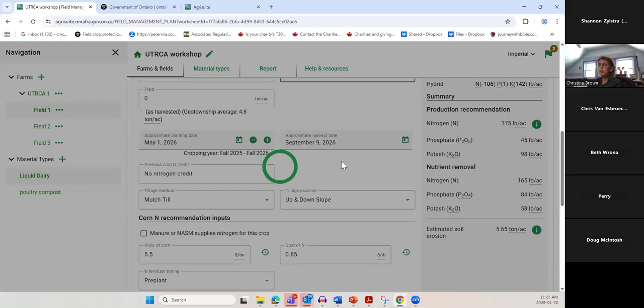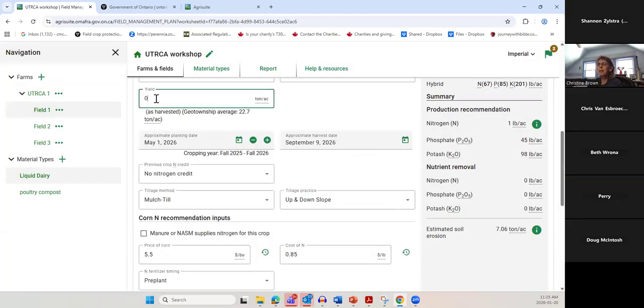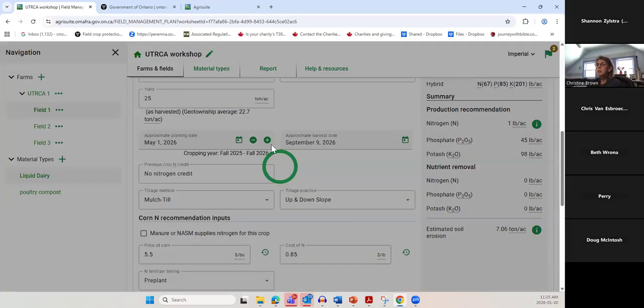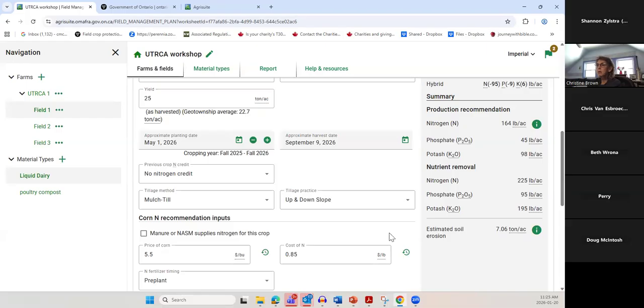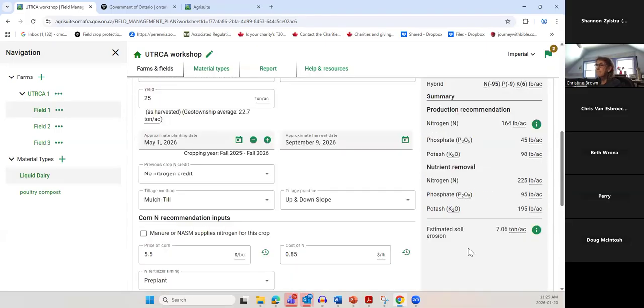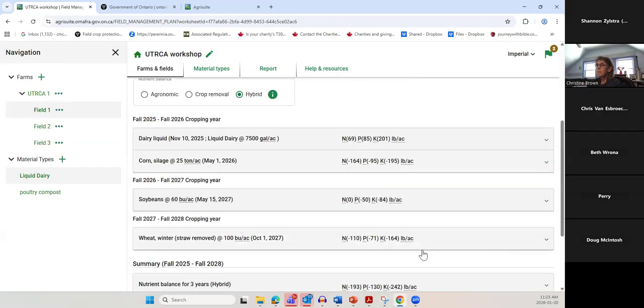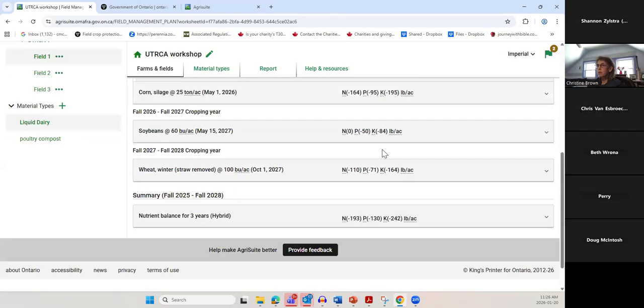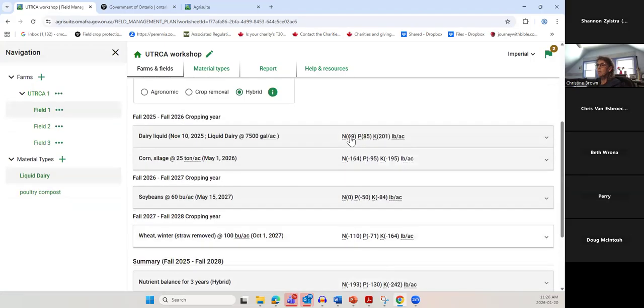This is showing where you can, I'm going to say play, where you can try different scenarios. We're going to say 25 tons because that's quite typical. And now that's going to mean there's a lot more removal. So that changes those numbers quite a bit.